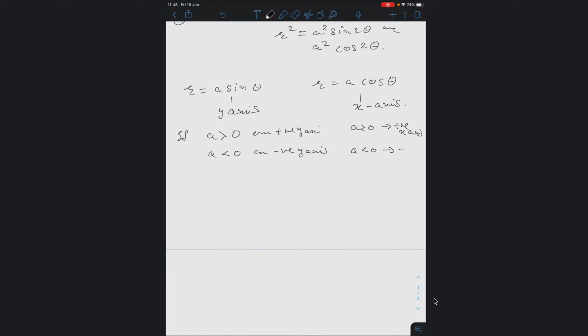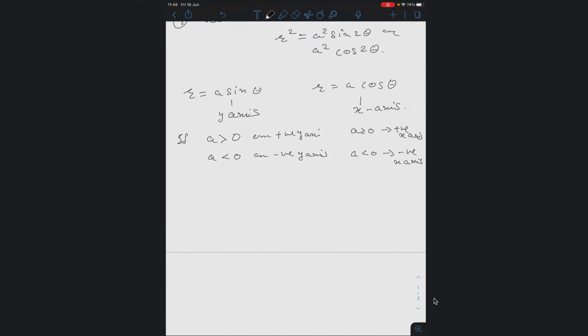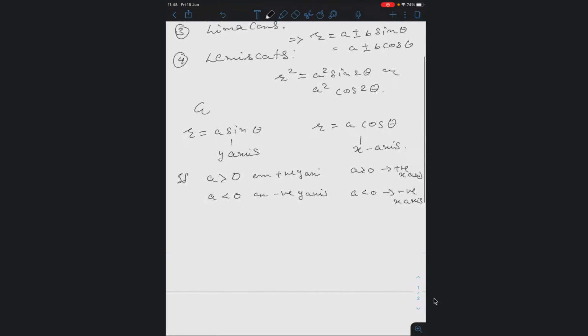Remember, for all four curves I have mentioned, whenever you have sine, the major portion will be on the y-axis, and whenever you have a cos term, the major portion will be on the x-axis. Here I'm talking about circles. It can be a sin θ or a cos θ. Sine θ means the circle will be on the y-axis, cos θ means on the x-axis.